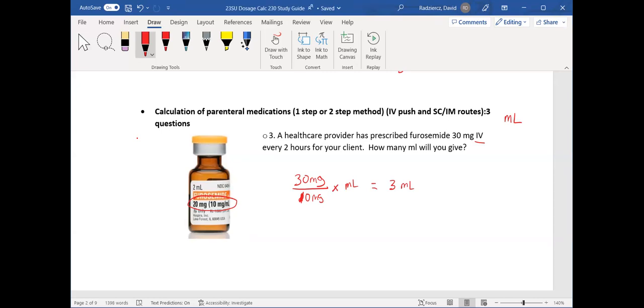So your IV pushes, your subcutaneous, your oral-based medications, they all will work really well with the ordered over have, if that's what you do, or desired over have, if that's the method that you utilize. If you have to do a 2-step problem, just remember to account for the patient's weight before you move on to your ordered over have or your desired over have.